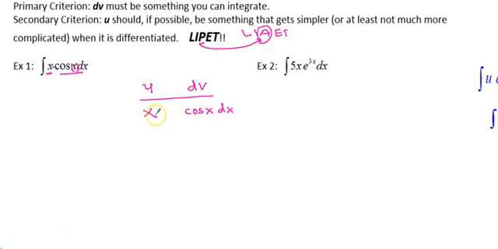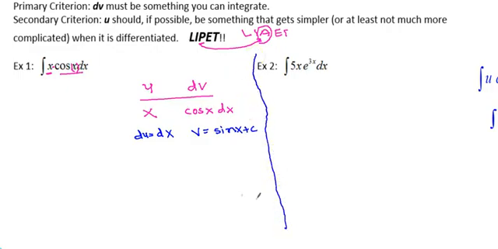If u is x, what will be the derivative of u? du is equal to dx. v would be, what is the antiderivative of cosine x? The antiderivative of cosine x is sine x. But plus c, right? We can't always leave the c.